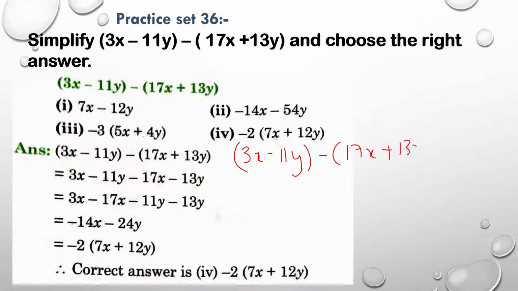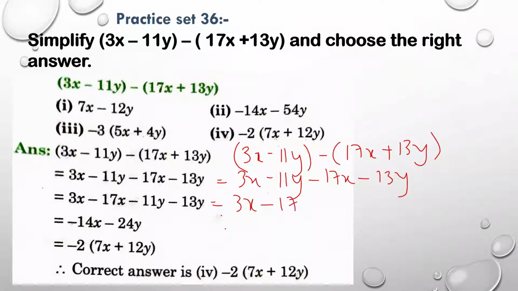Now first, 3x minus 11y, you have to open the bracket, minus 17x. Now minus and plus will become minus 13y. Now all like terms you have to take together: 3x minus 17x you have to take together, minus 11y minus 13y you have to take together.